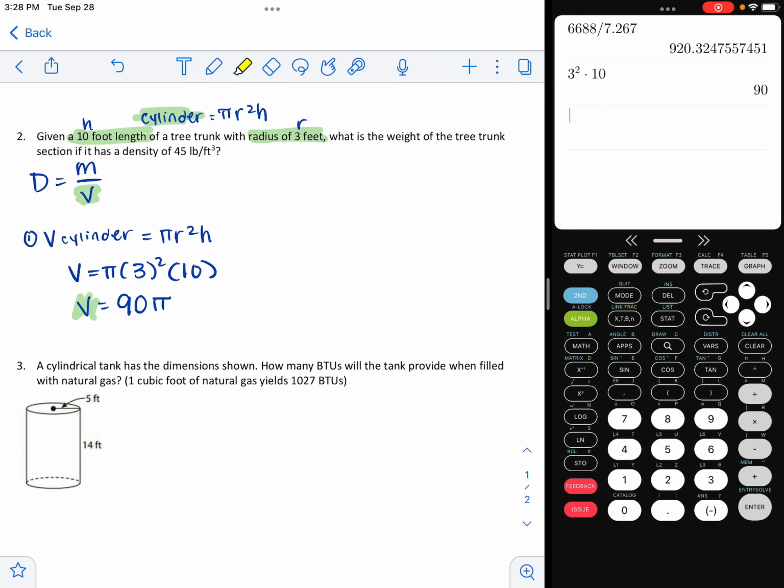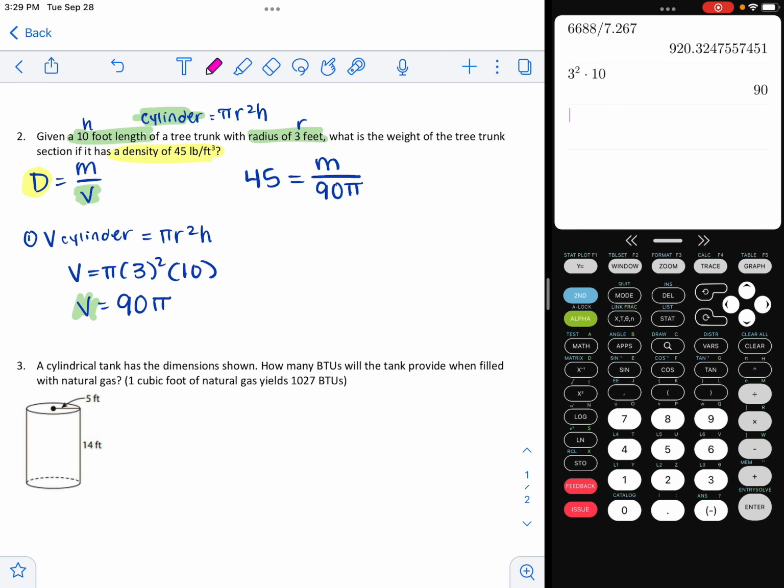Now, the next part, the problem goes on to say, what is the weight of the tree trunk section if it has a density of 45? So it's giving us density, which is right here. So when I plug into my equation, I'm going to plug in 45 for density. Mass is what we don't know. And volume is 90 pi.